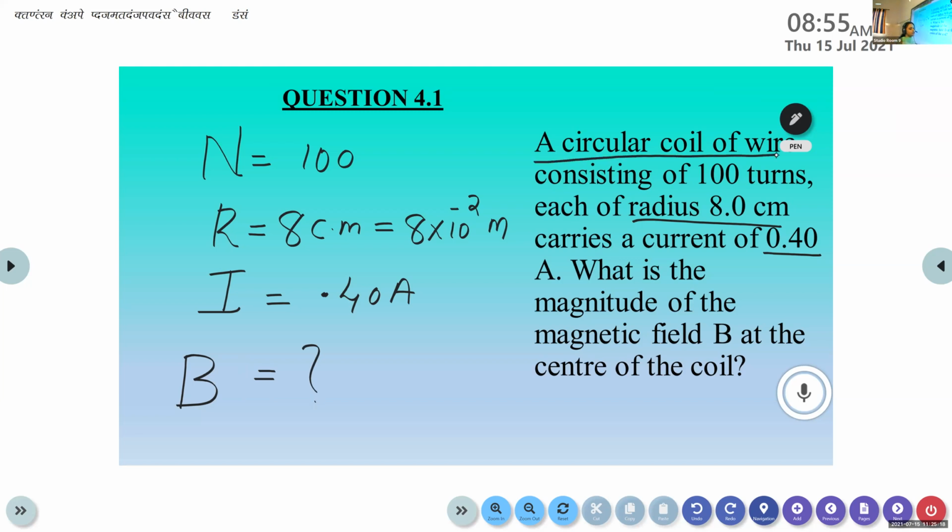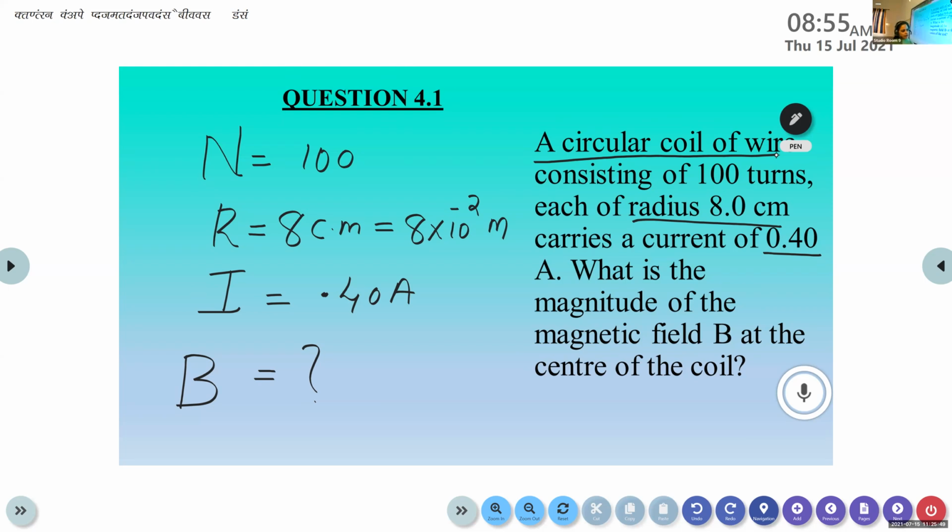What is the expression for calculating the magnetic field of a circular coil? Is it Ampere's first application? What is the equation for calculating the magnetic field due to a circular coil?